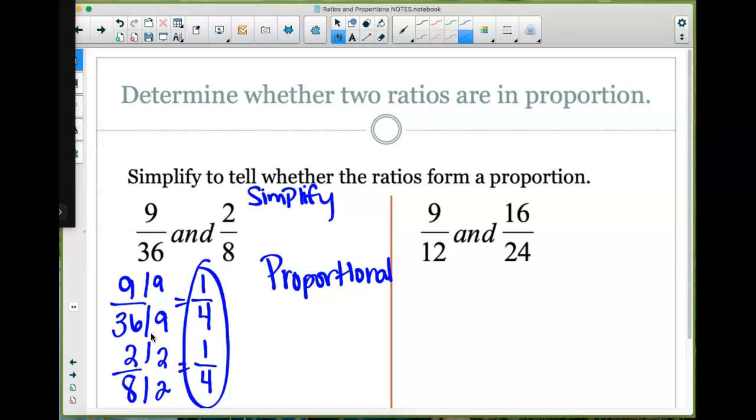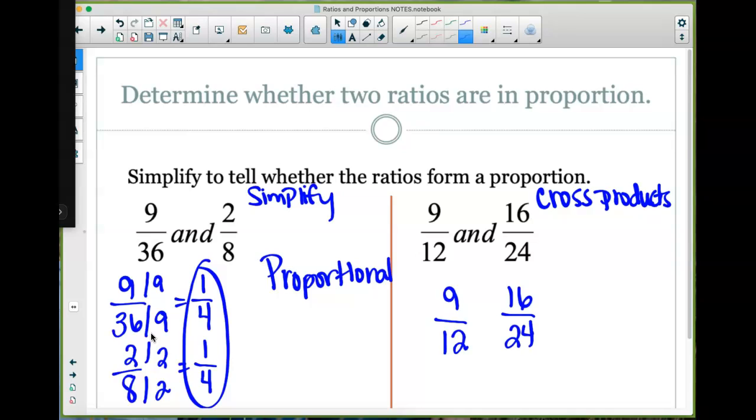The other way that I'm going to show you over here is cross products. And here's where a calculator is going to come in handy. But I like this way because it works all the time and it's really quick. Okay, so we're going to take these two ratios, 9 over 12 and 16 over 24.